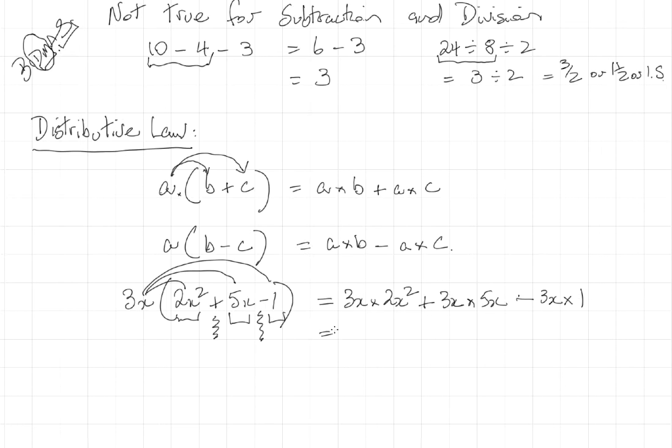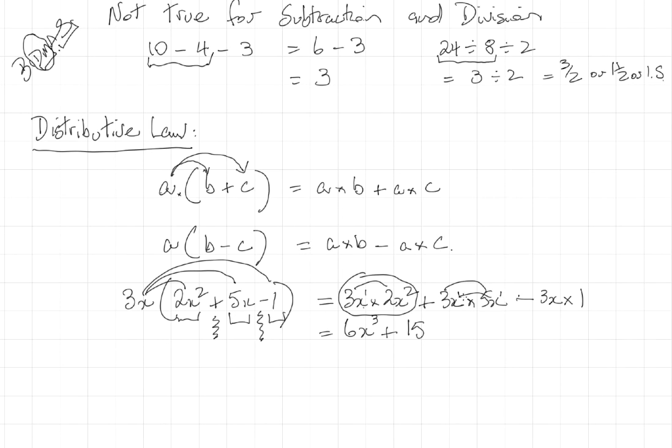We can simplify that. We multiply the 2 coefficients together, and 3 twos is 6. x to the 1 times x squared is x to the power of 3. So that's the first term, plus 15 for the coefficients, and x times x, x to the 1 times x to the 1.